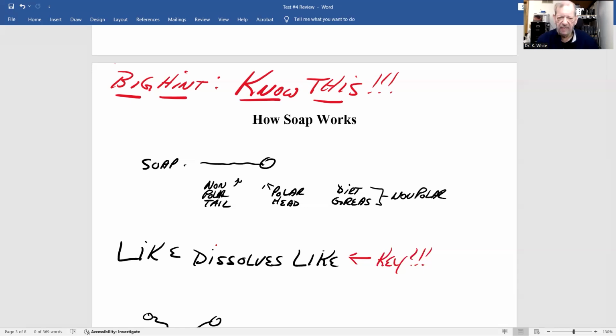You should know, leaving my class, how does soap work? Well, you should know the structure of soap. Nonpolar tail, polar head, like sodium stearate. And you should know that dirt and grease are nonpolar and water is polar.